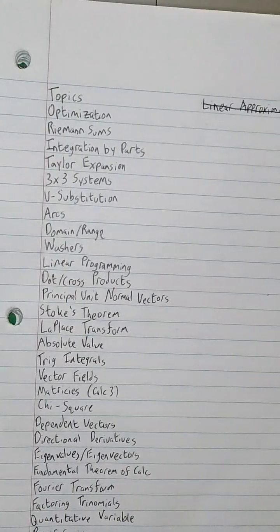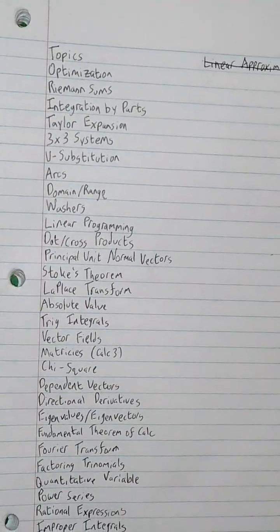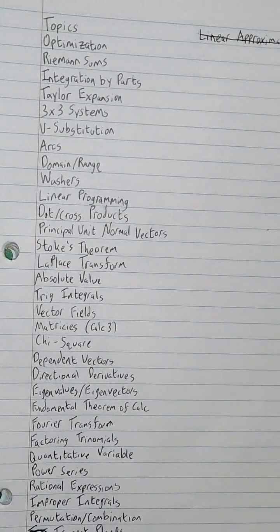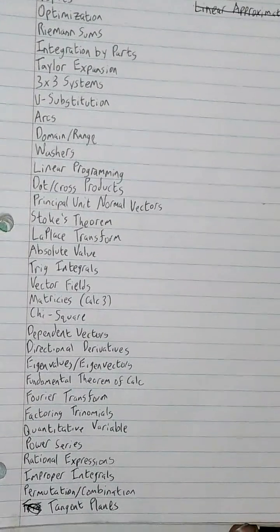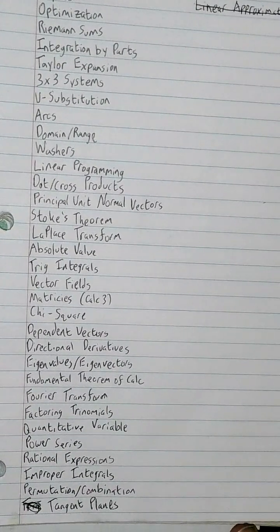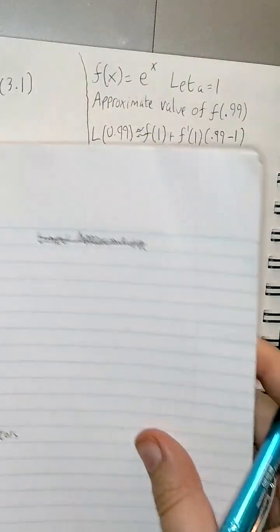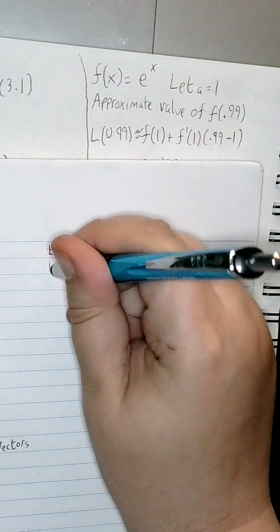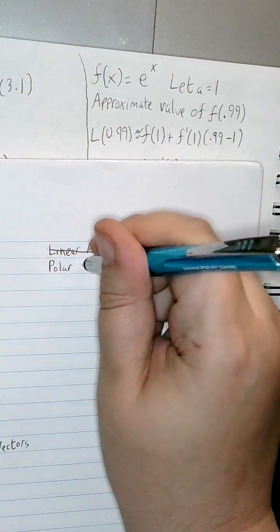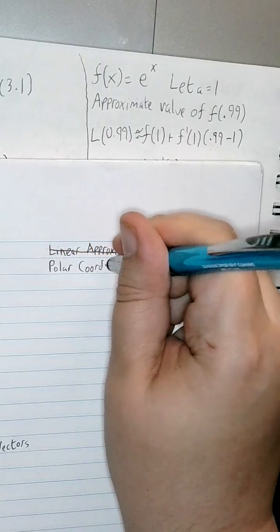Let's see, do I have polar coordinates here? Riemann sums, 3x3 systems, dot cross products. I don't. Okay, adding it to the list. We're going to touch on polar coordinates.